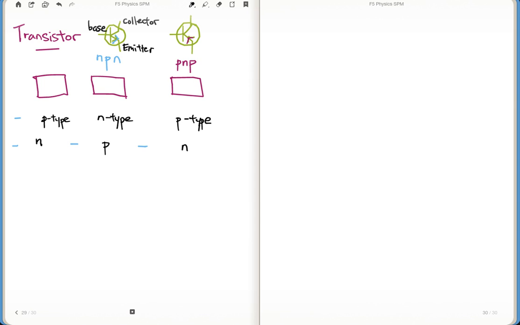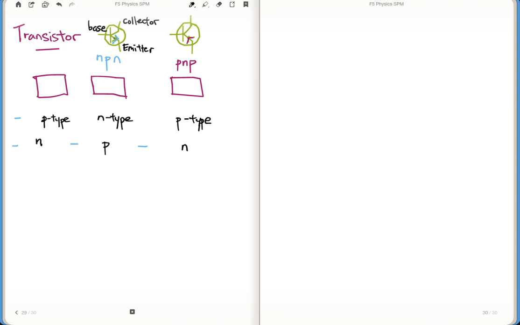Some books will just give you a capital E, C, and B, or B, C, and E. In some books, they never spell the whole word, they just give the initials. So the one with a line is the base, the one with an arrow, outwards or inwards, is the emitter, and the one without anything is the collector.